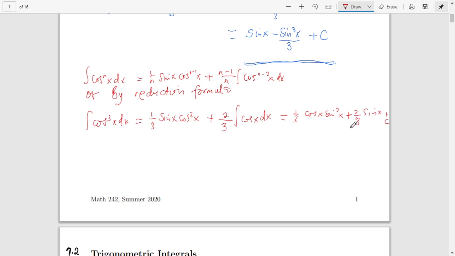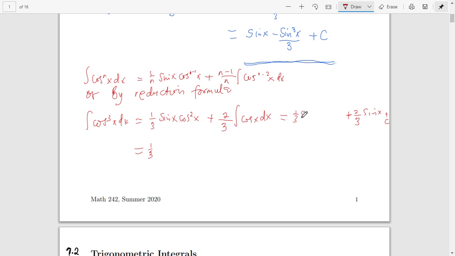Now, if you look at this, it doesn't really quite look like what we already have. But then we can actually rewrite this in that form.